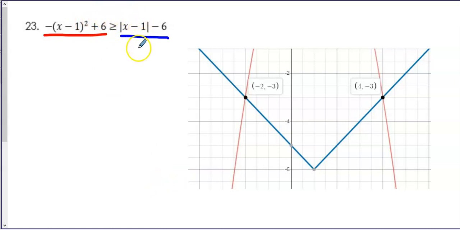So what part of the red is greater than blue? Now we need to understand that there was more to this. So it's like this, okay? So it is a parabola. It just goes up further, and I just cut part of it off. I'll mark out the y's, because we're not looking at y's. So what part of the red graph is greater than or equal to the blue graph?